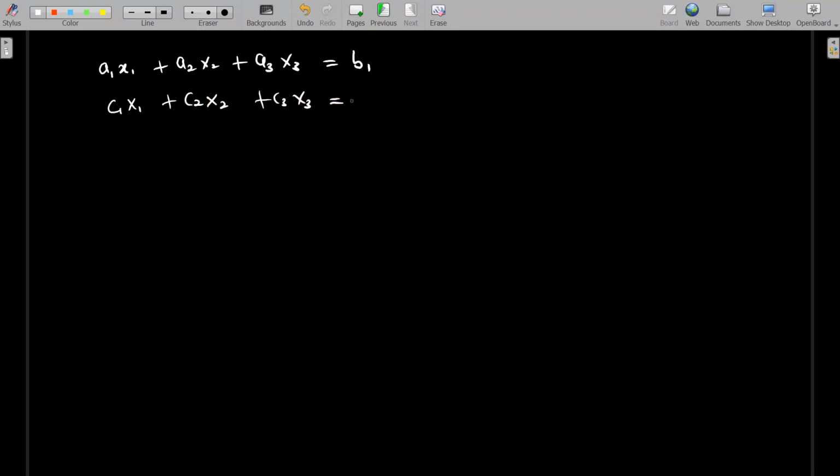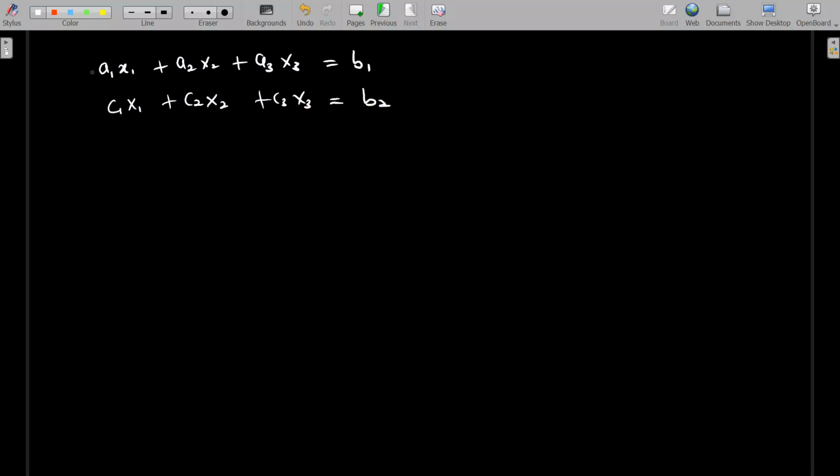All right. Now let's go to me giving you a problem and see if you can write the augmented matrix. So if I have an equation that has a1 x1 plus a2 x2 plus a3 x3, where the a's are constants, and b is also constant, and then a second equation, c1 x1 plus c2 x2 plus c3 x3, is equal to b2.